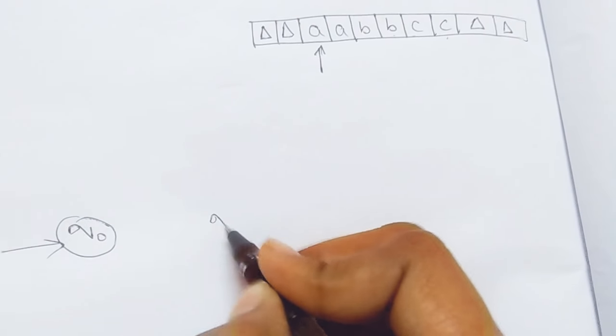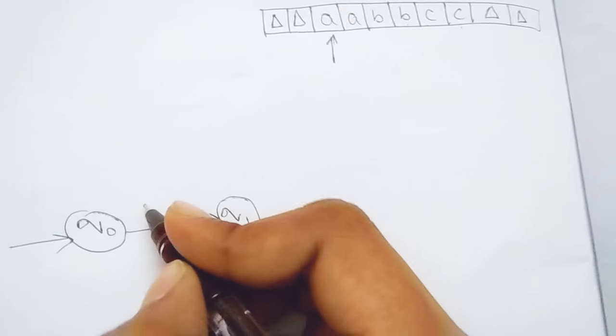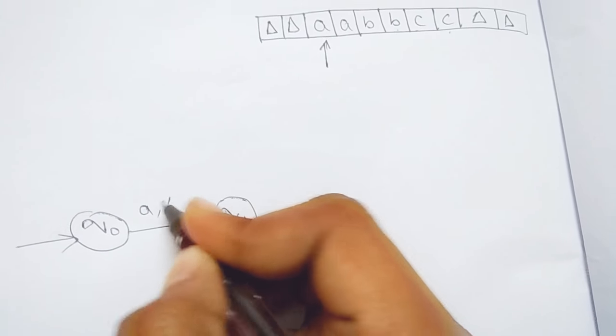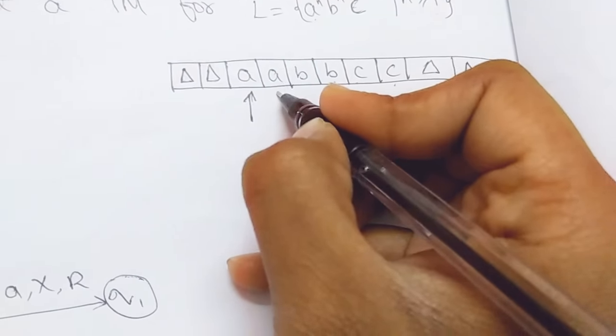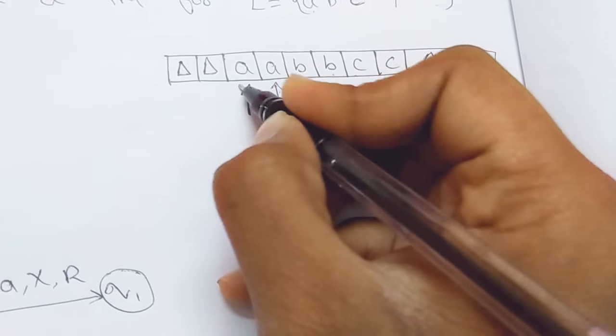So I'll have a transition state Q1, and I'll ask the machine to replace A with X and move right. The header will move to the right.